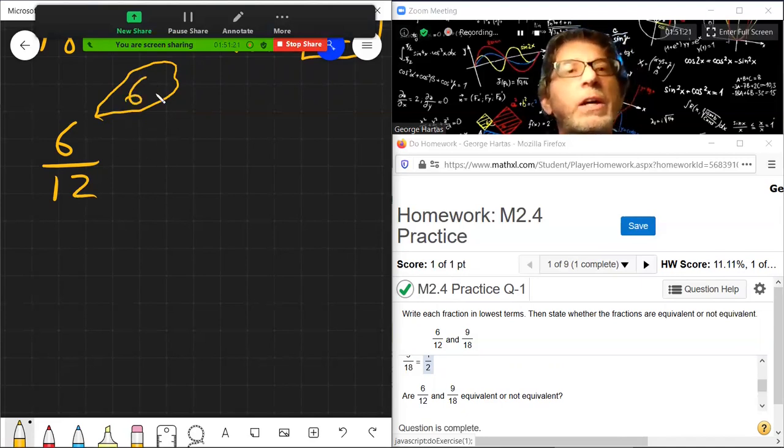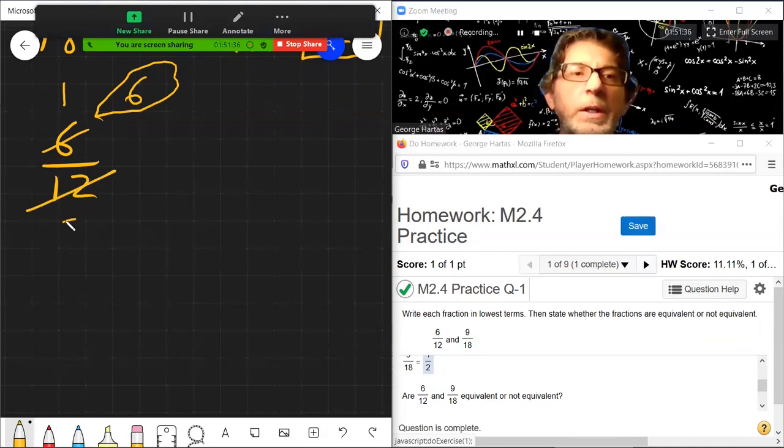Now you can say, okay, the number 6 that I'm thinking about divides into this 6 one time, slash the 6 out. The 6 that I'm thinking about divides into 12 two times, slash the 12, put a 2 underneath it. We don't need the thought bubble anymore. We're done with it. So what is left over? 1 over 2.